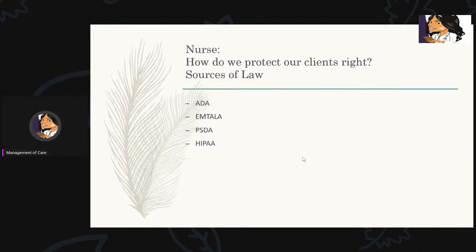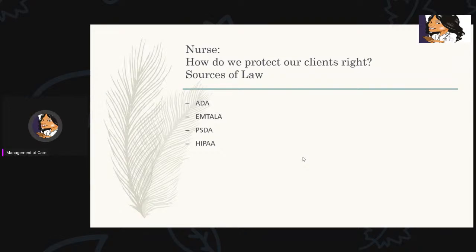Libel, writing things about someone. A nurse documents in a client's health record that a provider is incompetent. They can consider that libel. Saying that a CNA is sleeping during a shift, that's libel. Saying a nurse did not medicate a patient when she should have, that's libel.